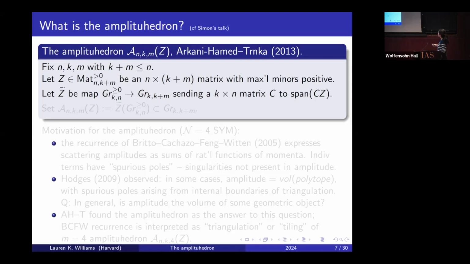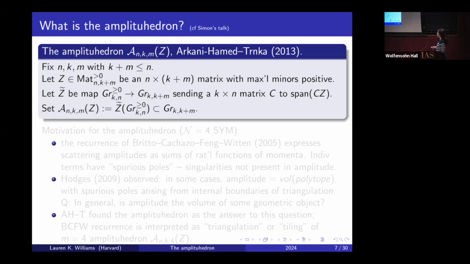So it spans a k-dimensional subspace of k plus m dimensional vector space. And one can check that C times Z has full rank k, and so it gives rise to an element in this Grassmannian.